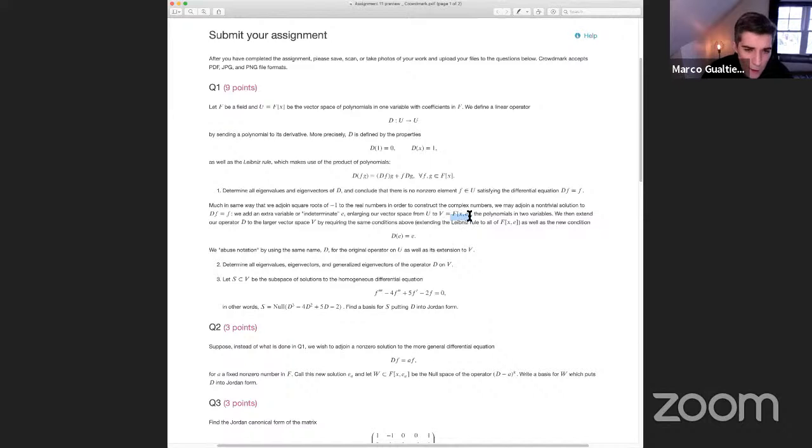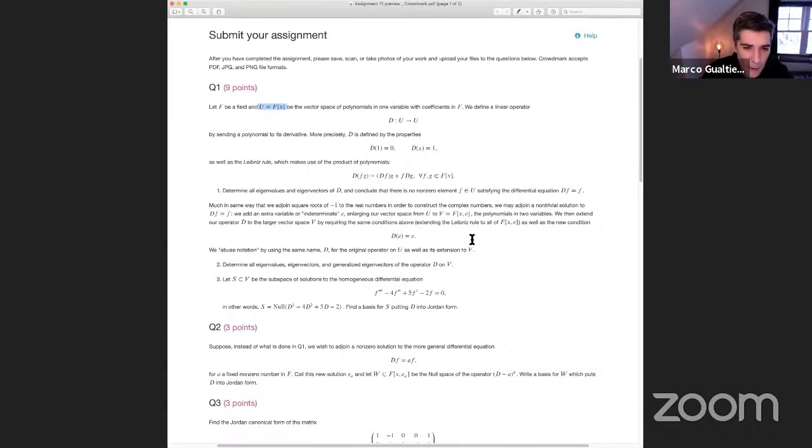Now I've enlarged my vector space to polynomials in 2 variables, but my original operator was only defined on polynomials in 1 variable. So if I want to complete the train of thought, I need to extend my operator so that it's acting on the larger space.